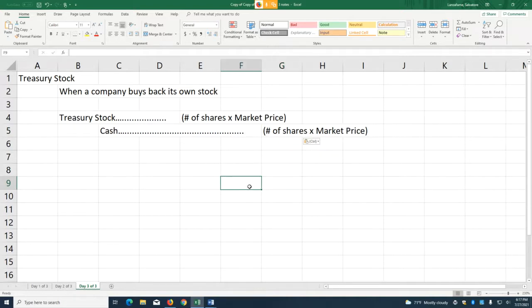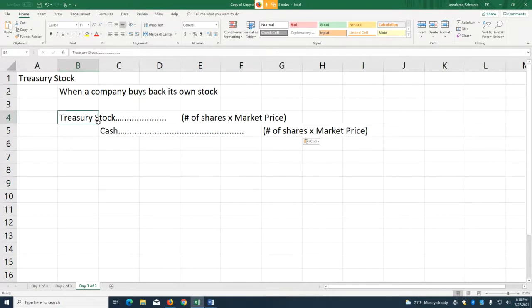That would be the math that I would do. If I bought 3,000 of our own shares to remove them from the market, and that day the stock was selling for $10 a share, it'd be 3,000 shares times $10, or $30,000.